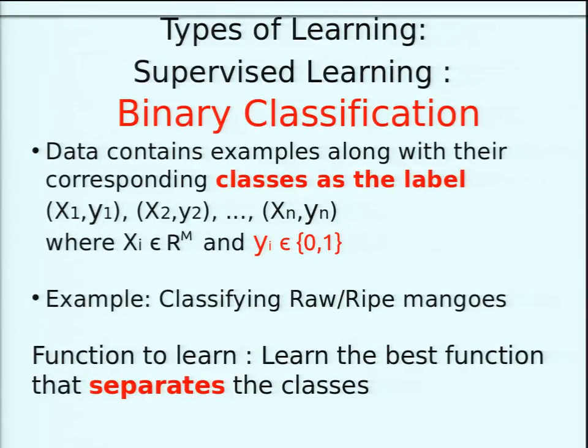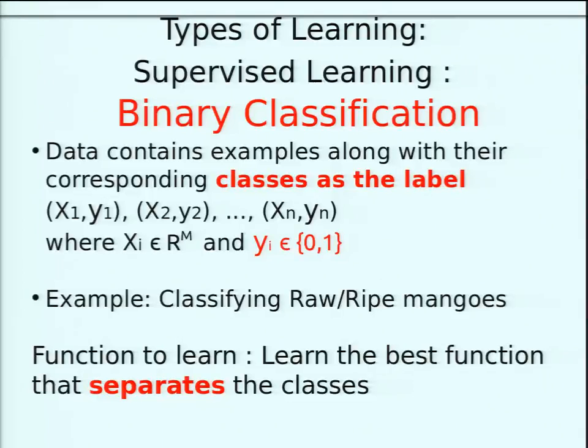So we'll first look at binary classification. We look at classification when there are two classes. So an example of that would be what? Yeah, the raw and the ripe mangoes, right? So that's an example of binary classification. So we have data that consists of examples along with their corresponding class labels. So we have x1, y1, x2, y2, and xn, yn, where each y is either 0 or 1, denoting one of the two classes.